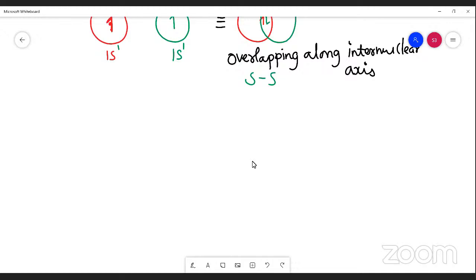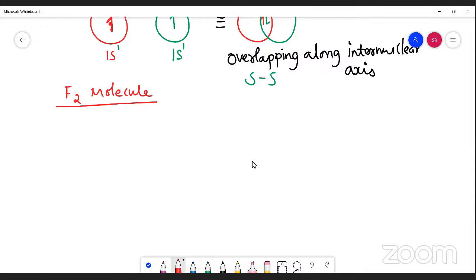So if you take fluorine molecules, the formation of a fluorine molecule, take the F2 molecule. We can write the valence electronic configuration of one fluorine. You know fluorine contains 9 electrons, but I am writing only the valence electronic configuration.